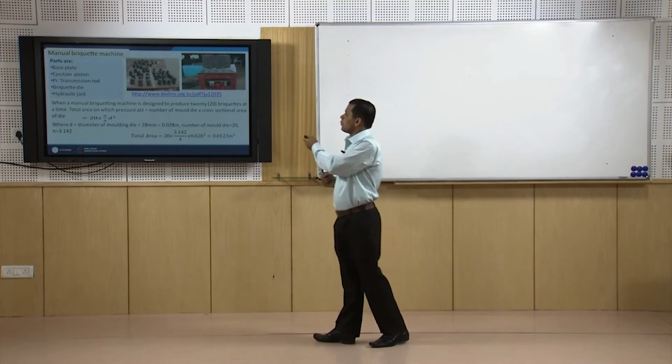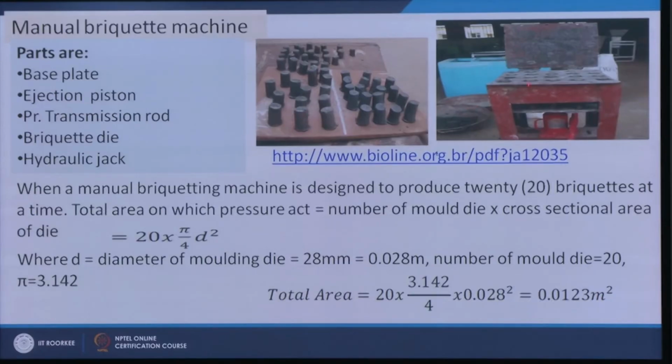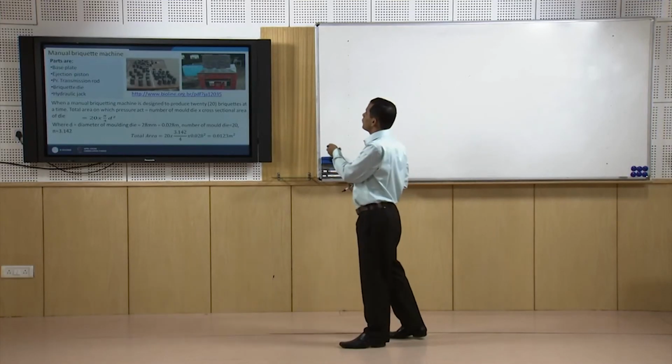This manual briquette machine, as shown in this slide, has different parts. One is the base plate. Then there is the ejection piston, another is the pressure transmission rod, then the briquette die, and another is the hydraulic jack. This is the hydraulic jack at the bottom.